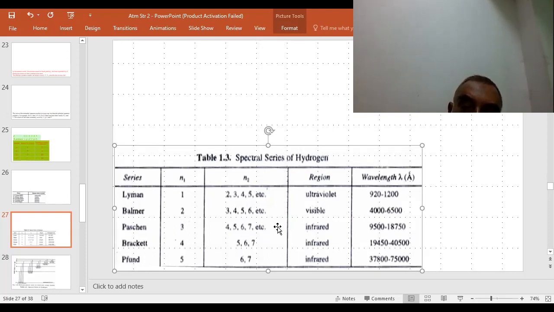In the case of the Lyman series, the electron comes down to the ground state from 2, 3, 4, 5, etc. states. It comes down to the second state in the Balmer series from the upper levels. In the case of the Paschen series, it comes down to the third level from the fourth and above.